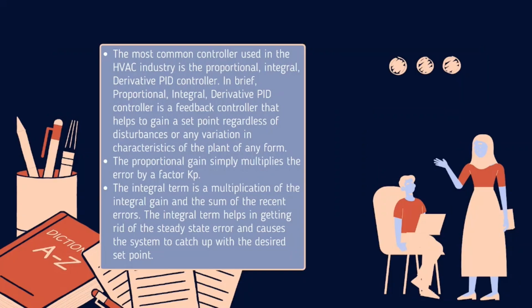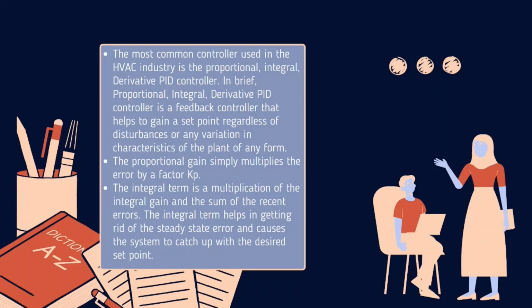The most common controller used in the HVAC industry is the proportional integral derivative PID controller. In brief, a PID controller is a feedback controller that helps to reach a set point regardless of disturbance or any variation in the characteristics of the plant.